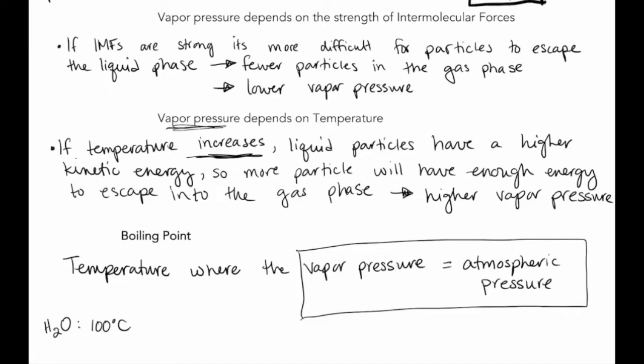It takes a higher temperature to get enough liquid particles into the gas phase, where the vapor pressure is equal to the atmospheric pressure. So boiling point will depend on the strength of the intermolecular forces.